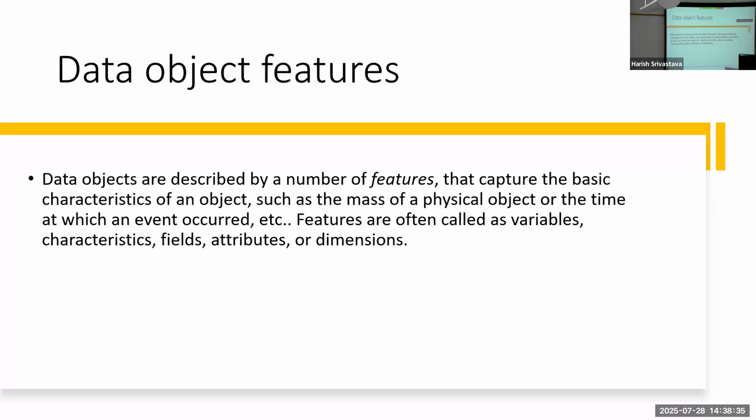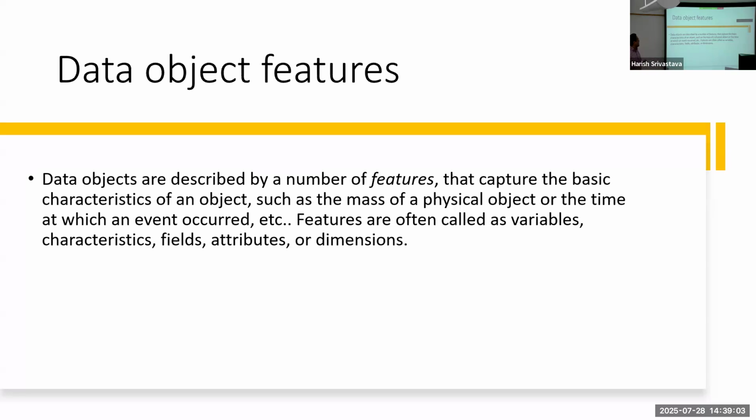So Mayur will always have 2 hands, 2 legs, 2 eyes, and 2 ears, and he can run and walk and sleep whatever he wants. Understood? So whenever you create a data object described by a number of features, meaning whatever columns it has, that captures the basic characteristics of an object, such as a physical object or the time at which an event has occurred.